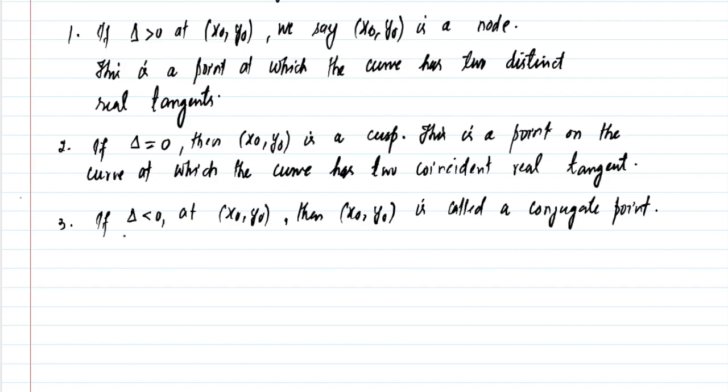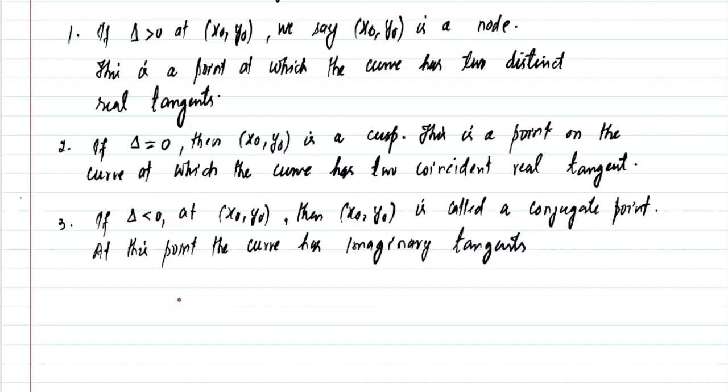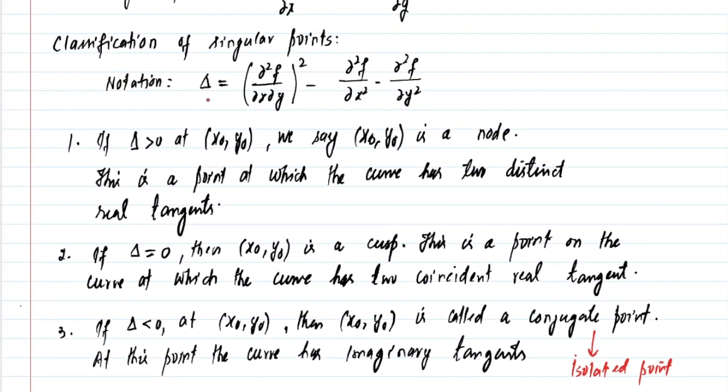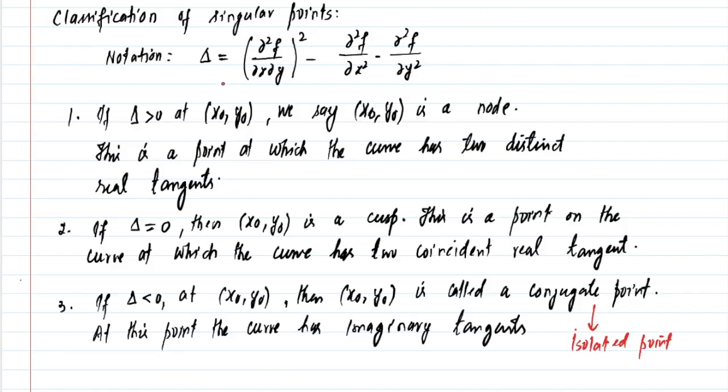This is a point at which the curve has imaginary tangents, and this conjugate point is also known as an isolated point. So we have taken three classifications of singular points depending on this notation delta, which is defined in this way. Now this will be a real number.